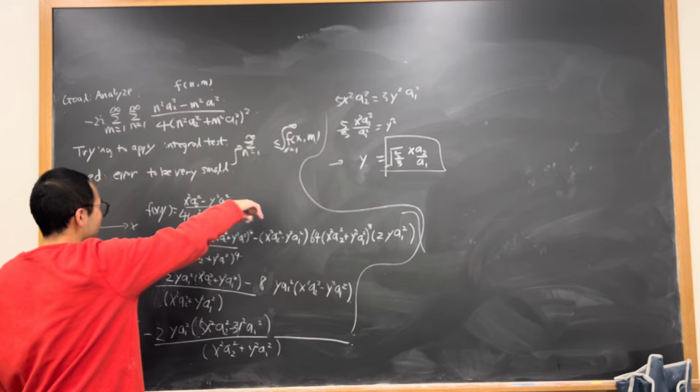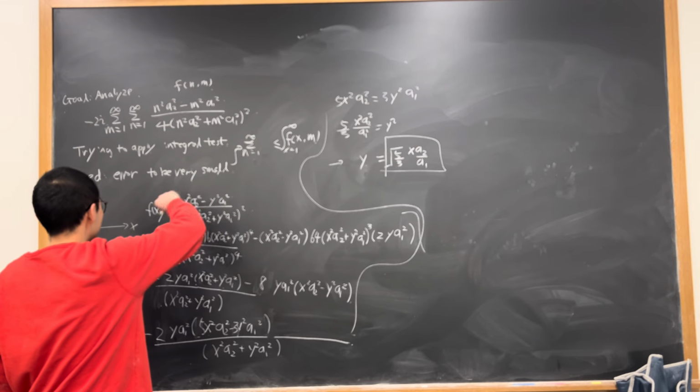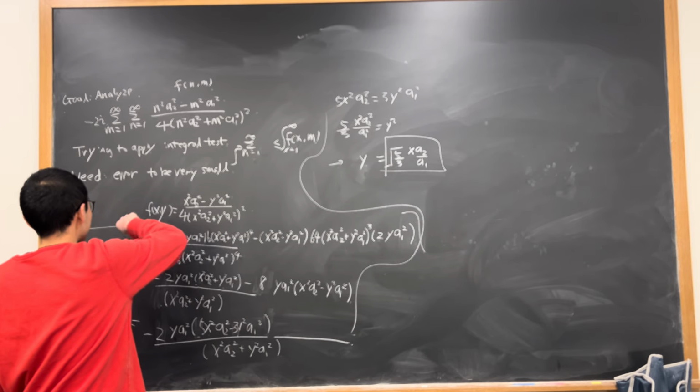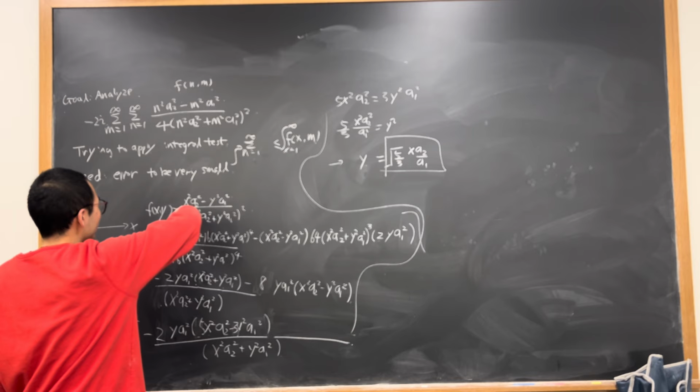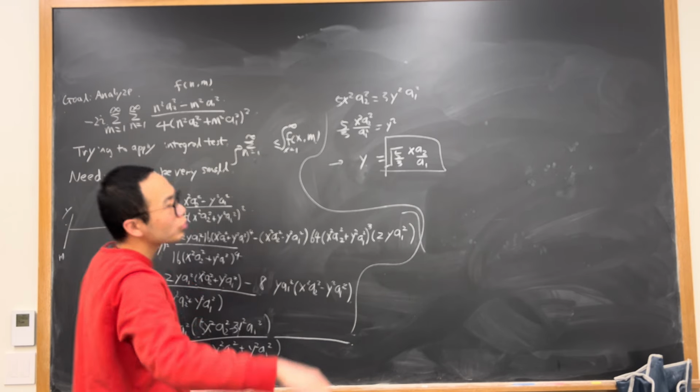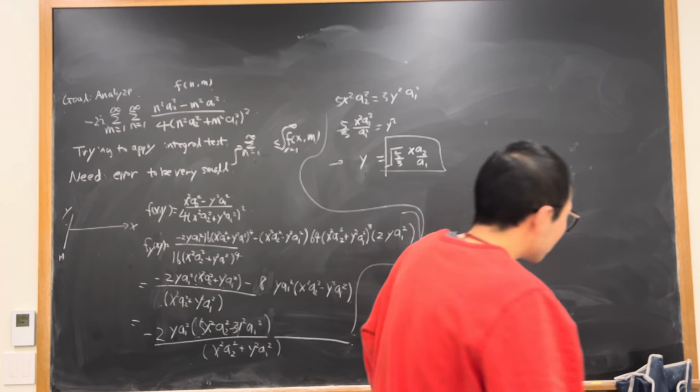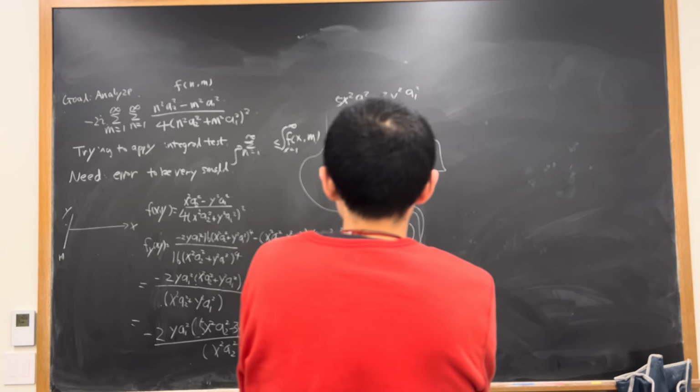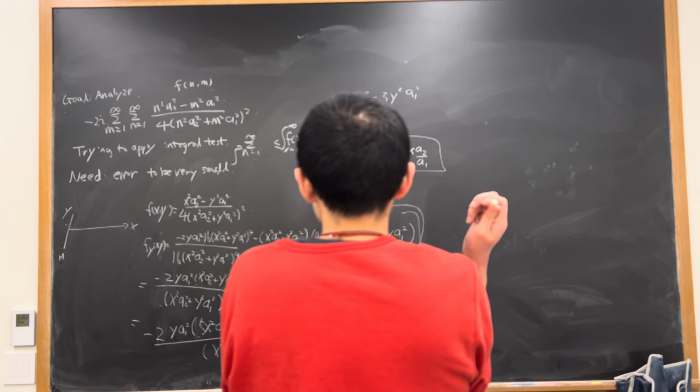Because it's increasing, if we just mirror it around the x-axis and do a reflection, then this is actually a decreasing function, right? So for a decreasing function, we are free to apply the integral test.